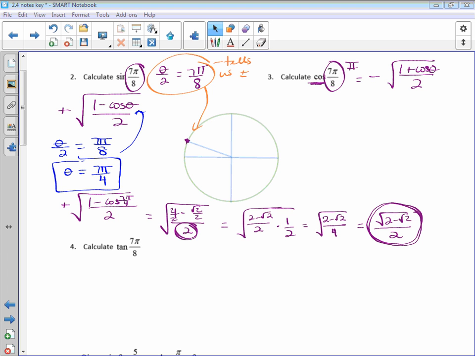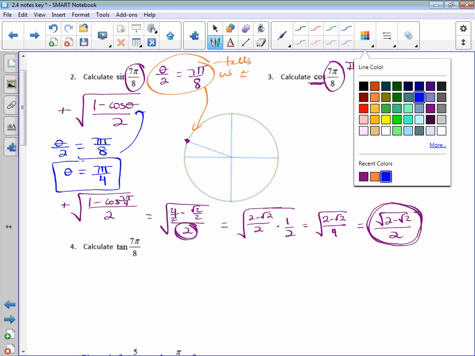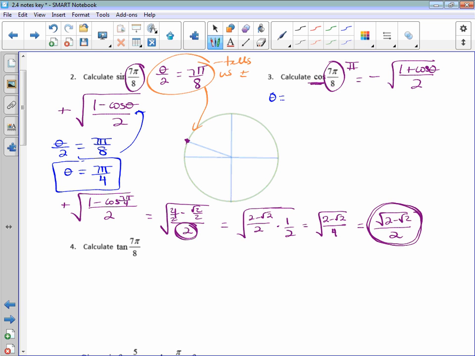All right, guys, so we were on number 3. Are we okay with what's negative in front? Do we know what theta is equal to? Yeah, theta is still... So you have 1 plus root 2 over 2 over 2.